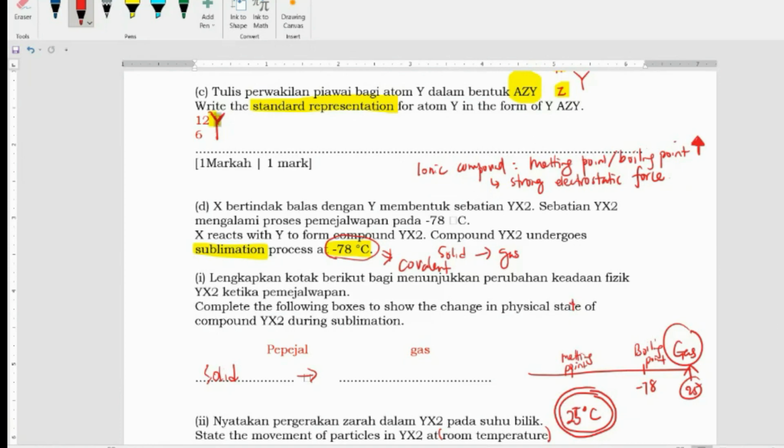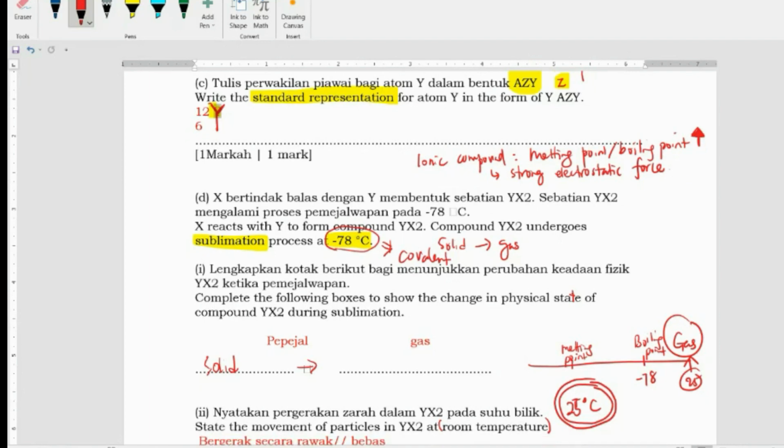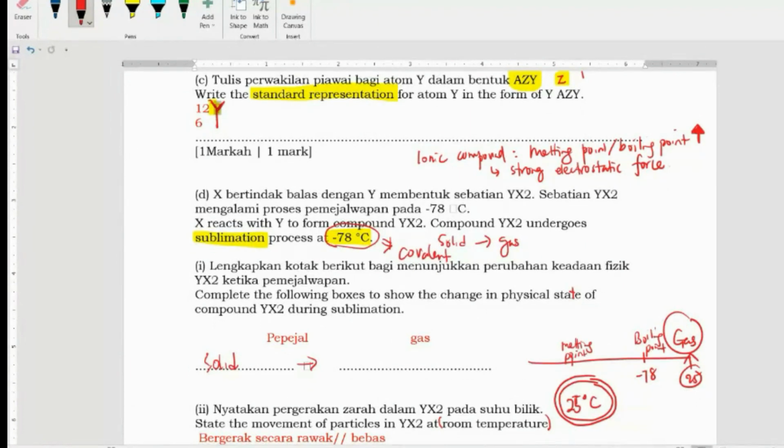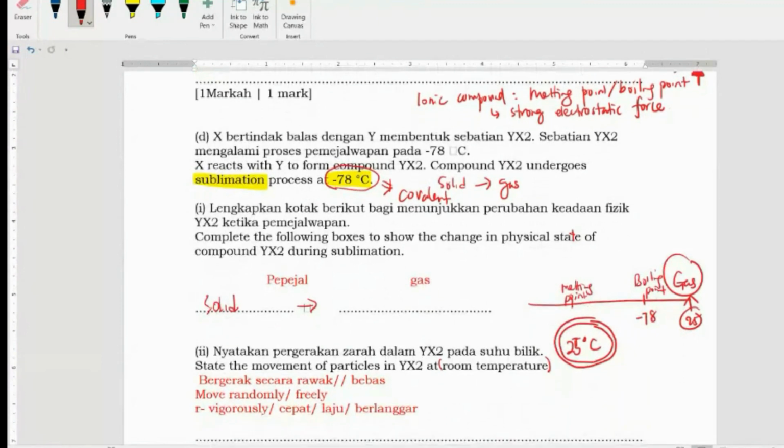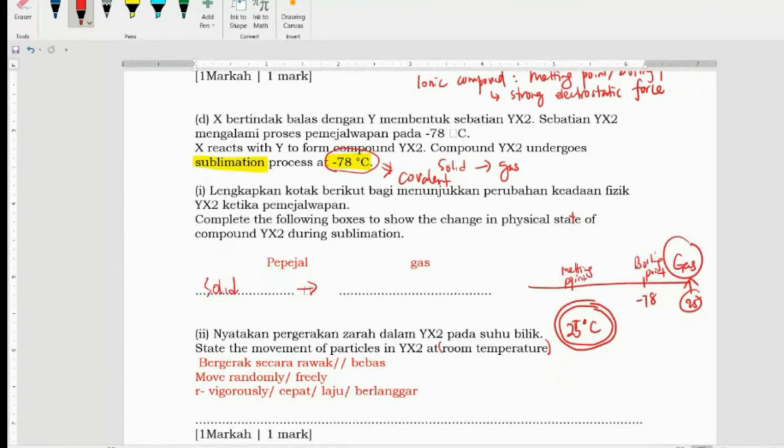Okay, so how is the movement of the particles for gas, right? For gas. It moves freely or randomly, okay. Okay, move randomly or move freely. R apa maksud dia?